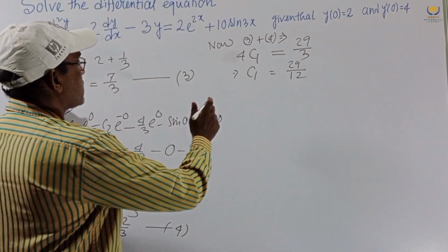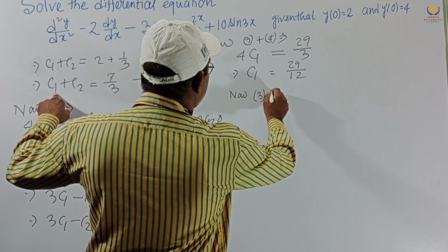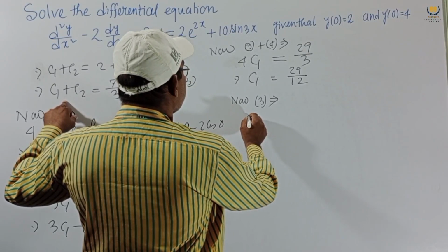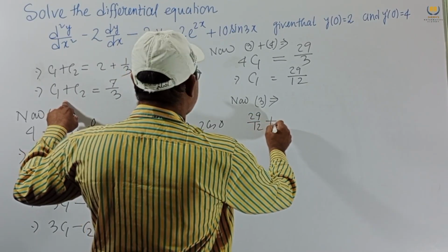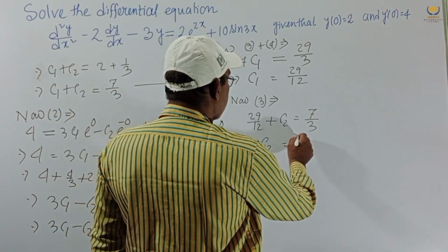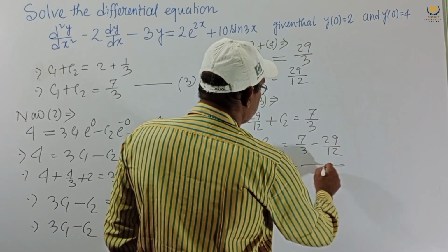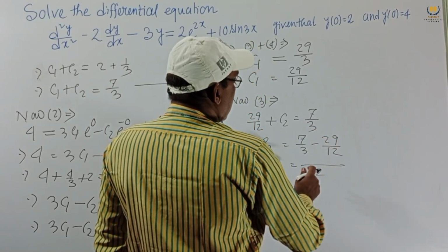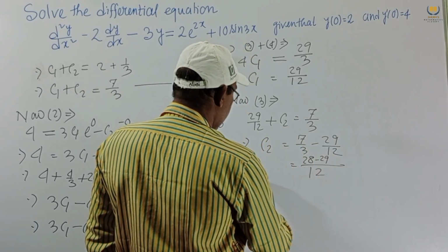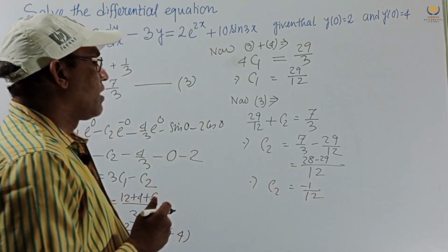So putting the value of c1 in equation number 3, c1 is 29/12, plus c2 equal to 7/3. c2 equal to 7/3 minus 29/12. LCM is 12, 28 minus 29, and c2 equal to minus 1/12 we get.